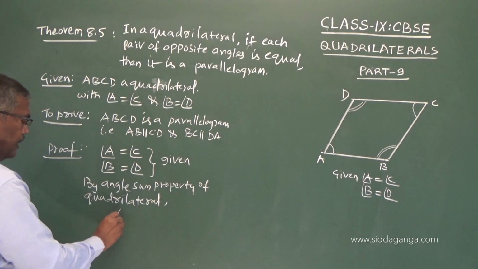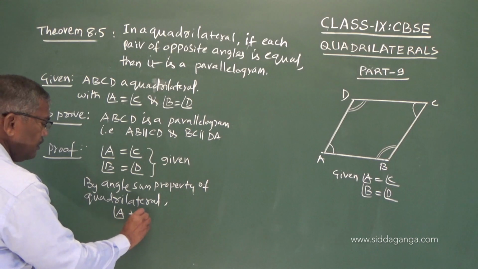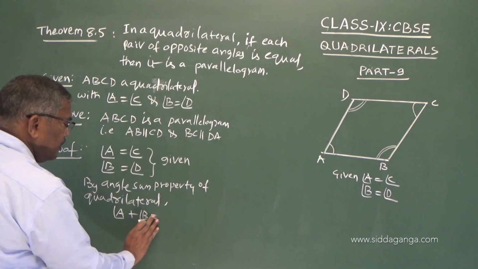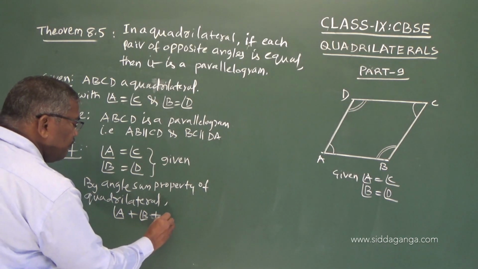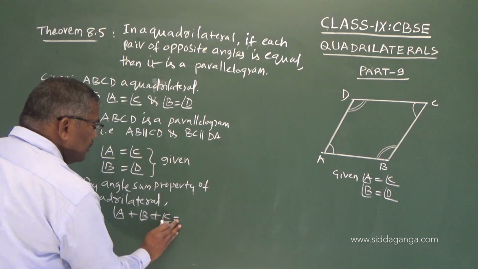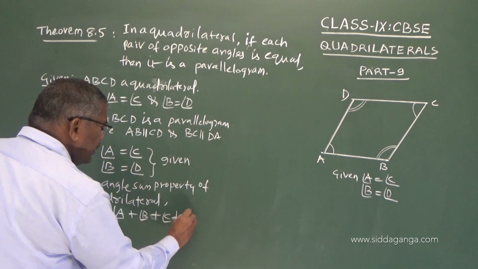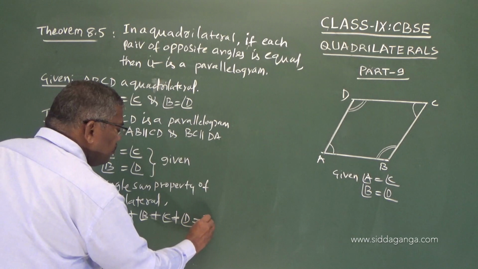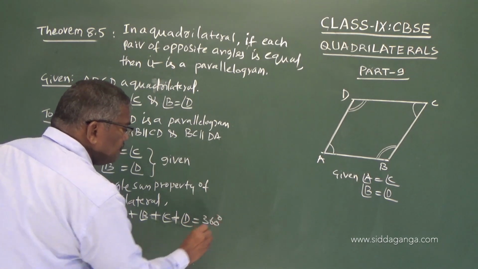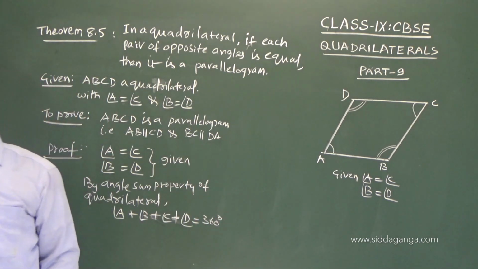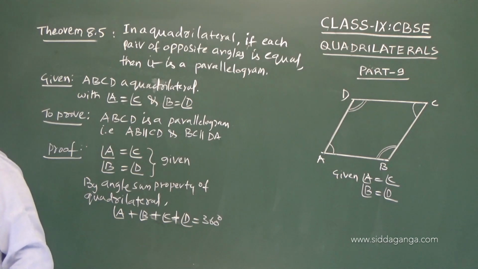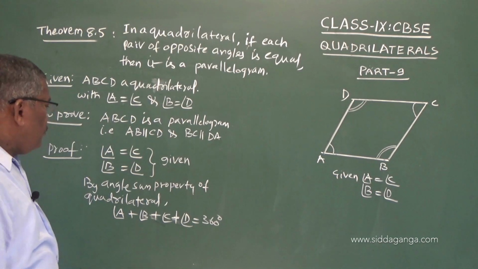The sum of all four angles, angle A plus angle B plus angle C plus angle D, is equal to 360 degrees.